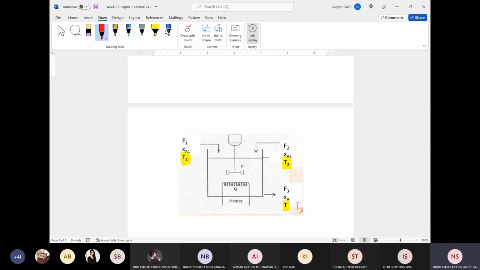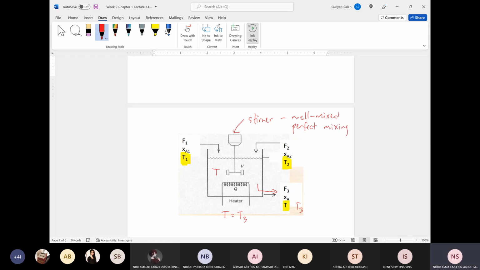Normally, the temperature T comes from inside the unit operation. When it comes inside, in the end, it will eventually exit the system through stream number 3. So for this part, normally the T itself is equal to T3, because we assume this is a perfect mixing. You have the stirrer here, then you have a well-mixed solution, or sometimes we call it perfect mixing.